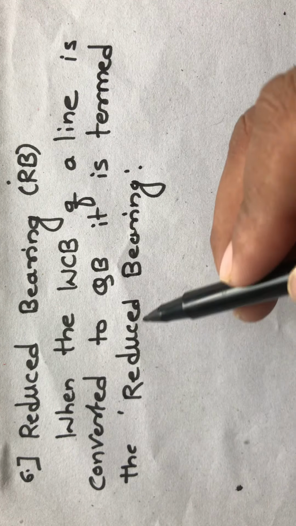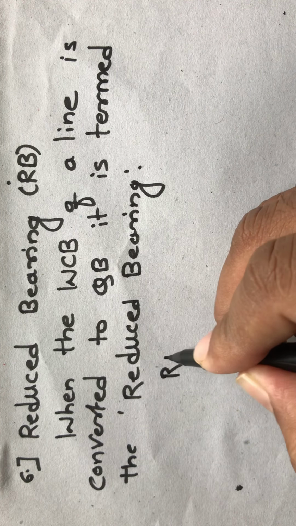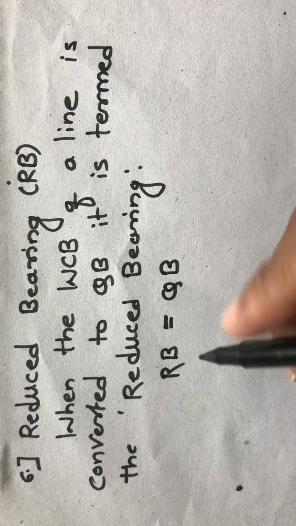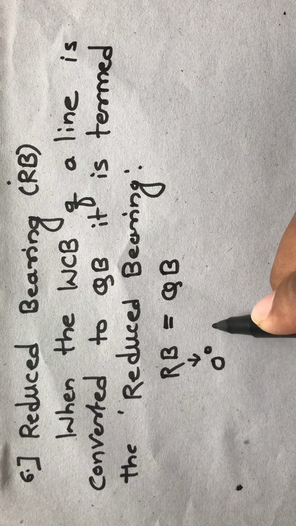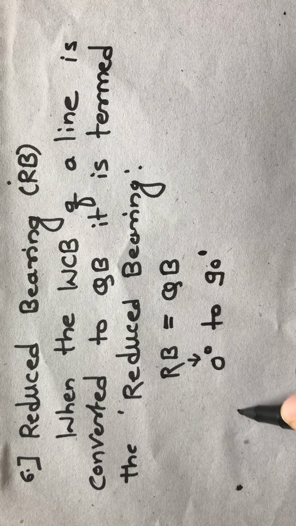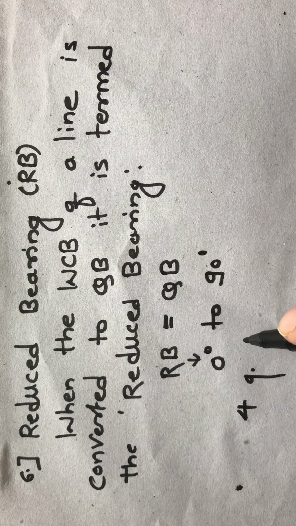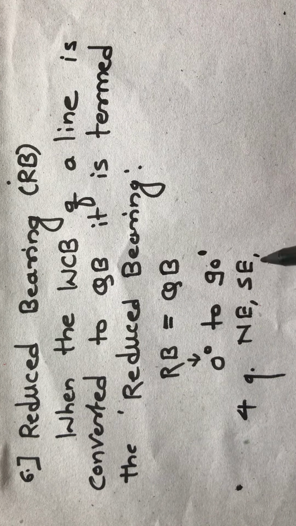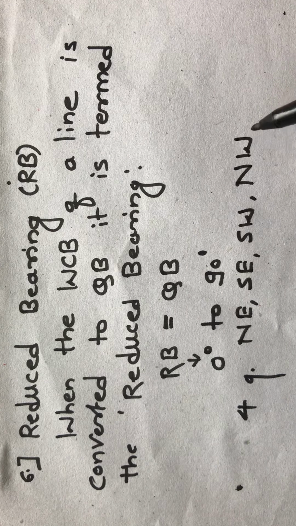That means the reduced bearing is nothing but the quadrantal bearing. That means the angle of this reduced bearing will be 0 degree to 90 degree, within the four quadrants. Correct? Four quadrants, that is northeast, southeast, southwest and northwest.